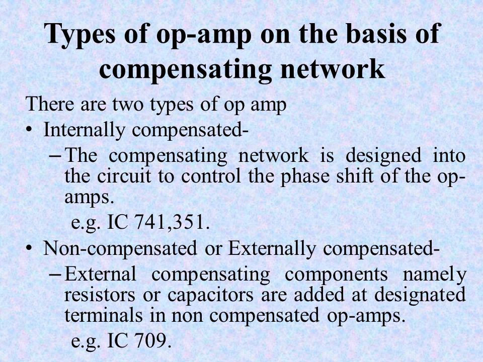In such externally compensated ICs, we have to apply an external circuit that may include resistors or capacitors, which are added to a designated terminal in order to make these non-compensated op-amps work in a suitable way. So we'll discuss briefly both these two types, internally compensated and non-compensated op-amps.